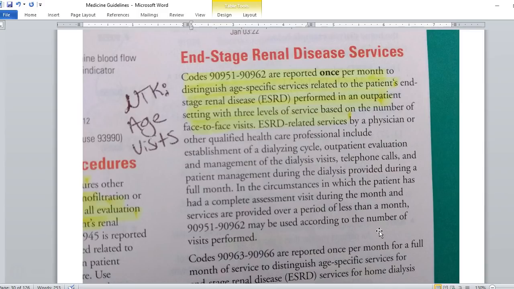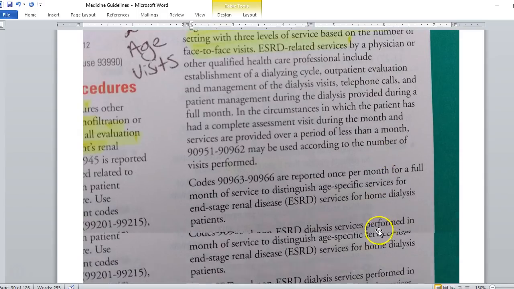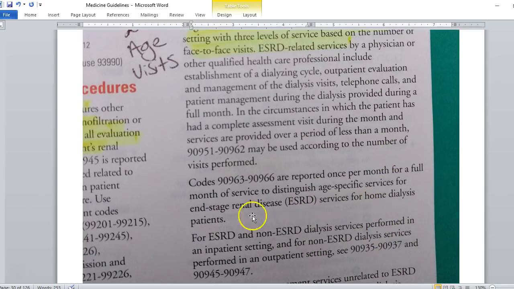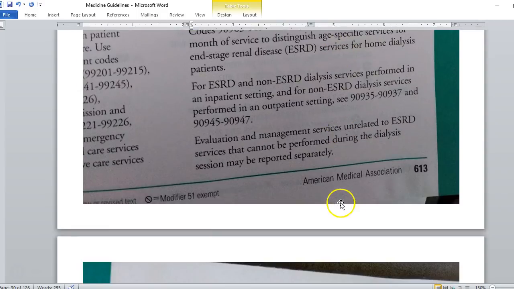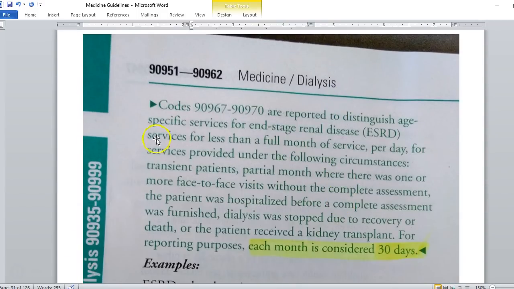Okay, so the NTK need to know. You need to know the age of the patient and how many visits, but these are only reported once per full month of service. Okay, now, there are new or revised guidelines, okay, that tell us that these codes are to remind us that each month is considered 30 days.